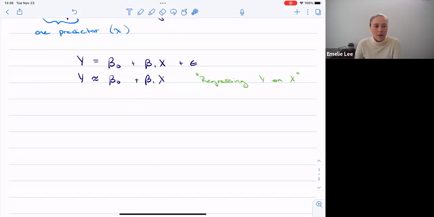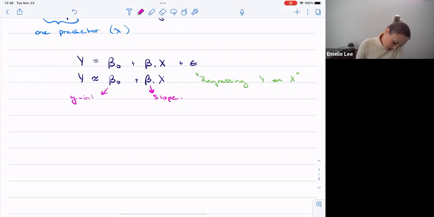Typically we use that setup. Whatever's attached to the x in y equals mx plus b, m, is the slope, and b is the intercept. So here beta 1 is the slope, and beta naught is the y-intercept.